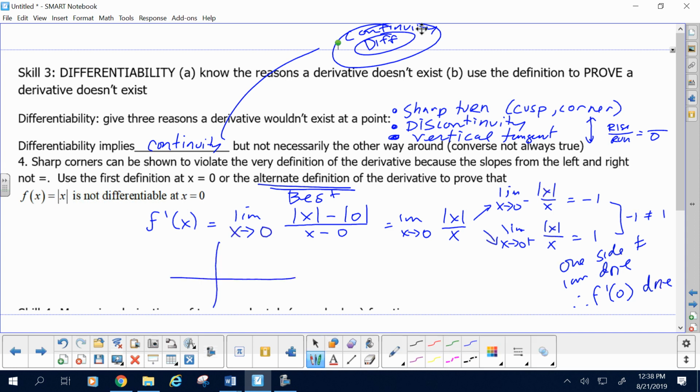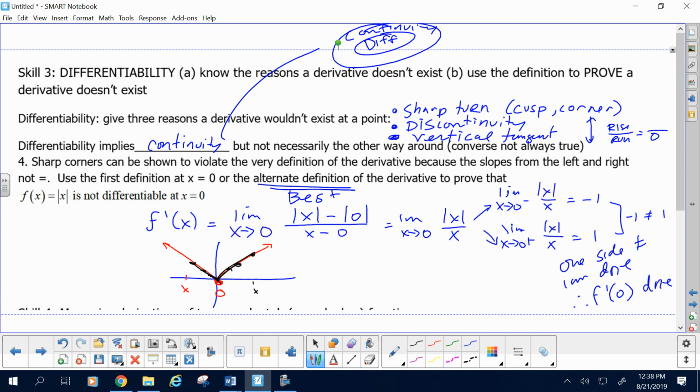Think graphically. Isn't the absolute value graph something like this? And the whole idea of alternate definition is using 0 and some other point. And when I connect these and get closer and closer and closer, what are the slopes always on the left? Negative 1. If I use a point on the right and connect to 0 and get closer and closer and closer, what are those slopes?